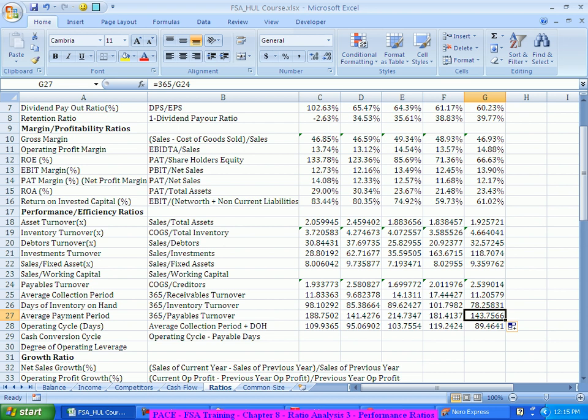So logic wise, what is this payment to a vendor? Look at a simpler step. You have got the raw materials from the vendor. From the day you purchased the raw material from the vendor, you have to make the payment to him in 143 days on an average.